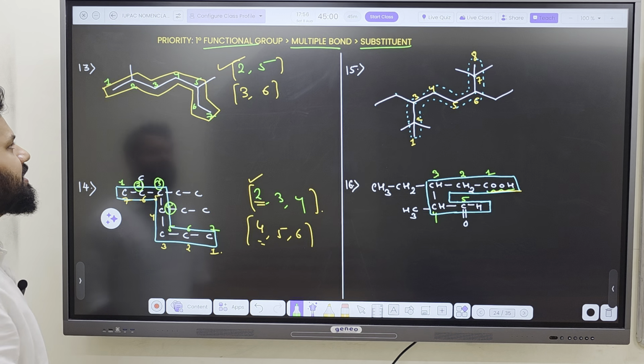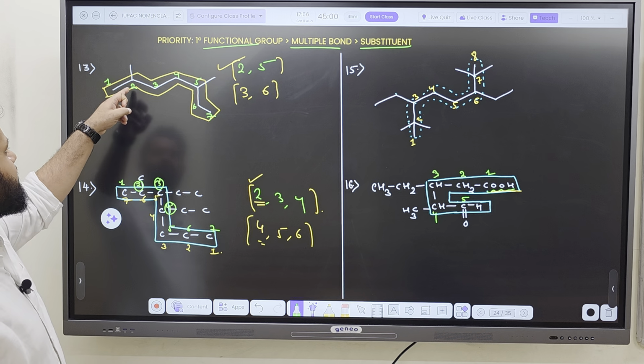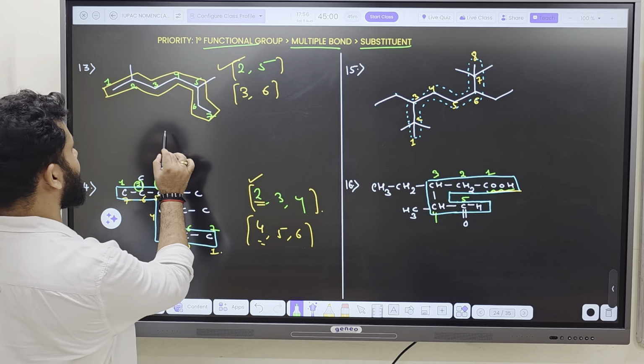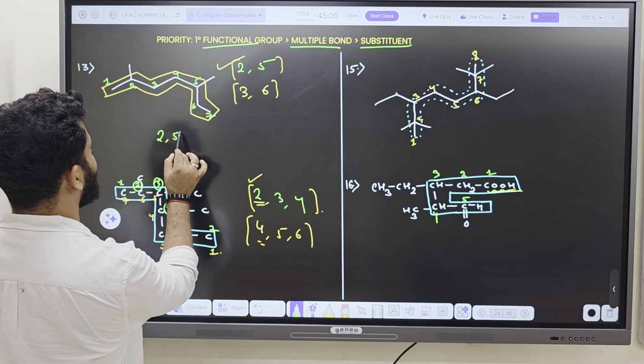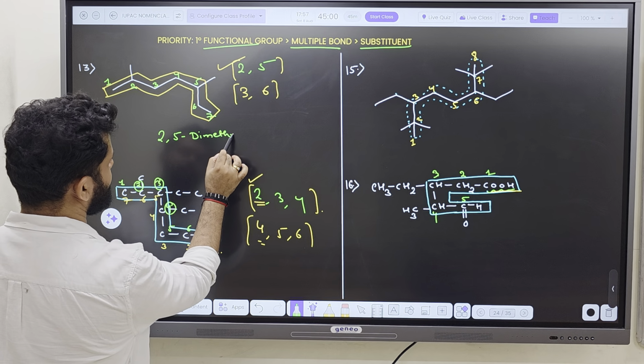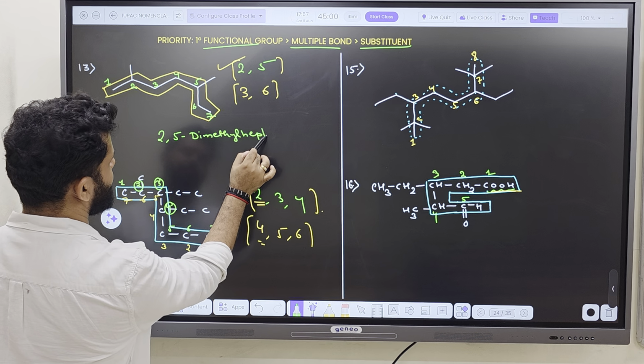So this is heptane with second position methyl and fifth position also methyl. So the name would become 2,5-dimethyl heptane.